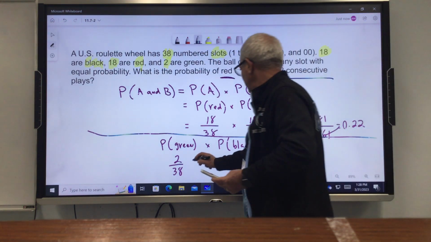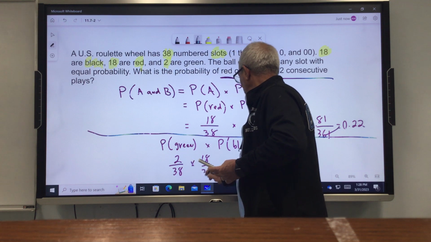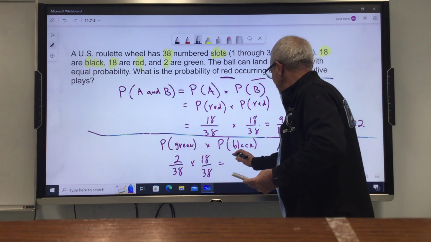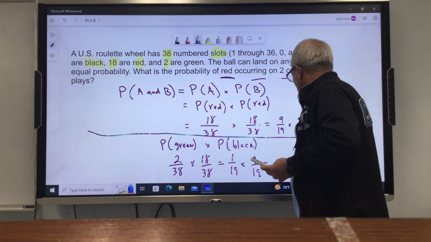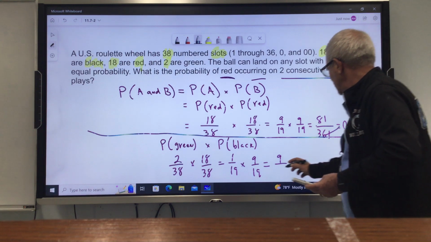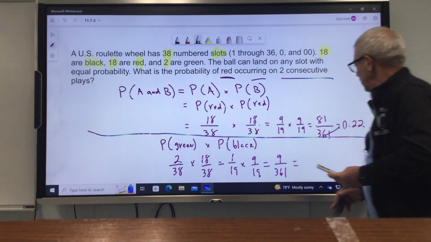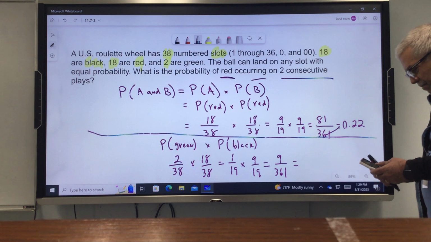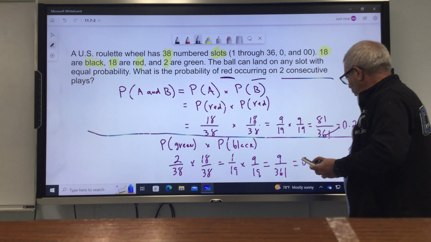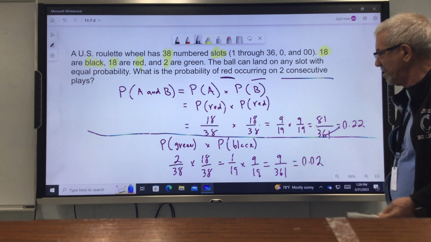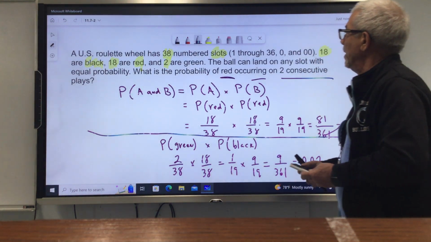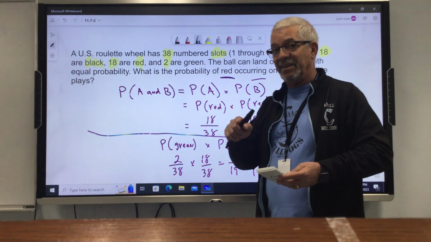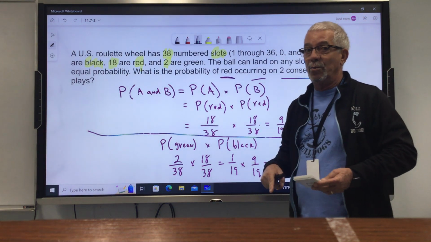And how many black? 18, so 18/38. If you simplify, that is 1/19 and 9/19, which is 9/361. Then you divide 9 by 361 and the probability is 0.02. Of course it is a smaller probability because we have only two green. All right, this is for independent events because one is not affecting the other.